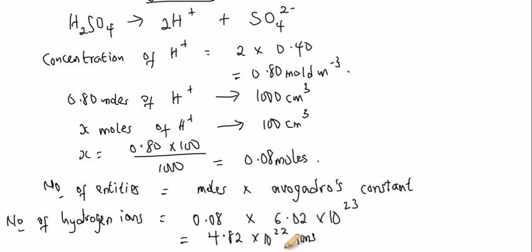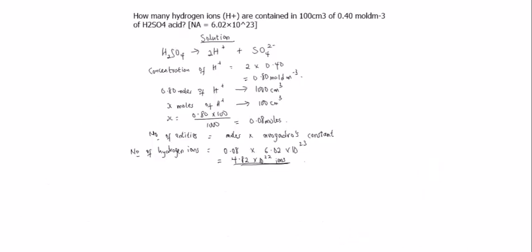So if the entities is molecules, the unit will also be molecules, and this will be serving as the final answer. So with this, we've come to the end of the solution to the question, and we've gotten the number of hydrogen ions present to be 4.82 times 10²² ions.